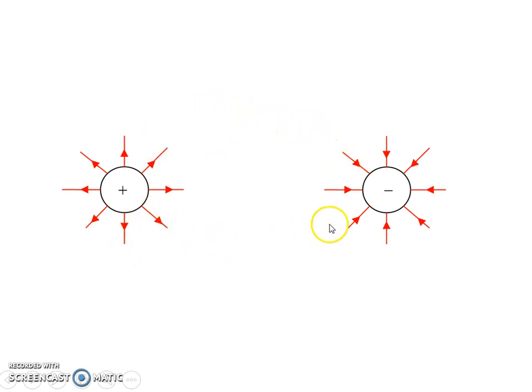Same for the bottom one. What about the top one here? It goes up, but it will be attracted by this one, right? So it will tend to want to go in also. Same thing here. And this one probably won't get affected, it will just go out. In other words, here's what happens if I have a positive and negative charge together.